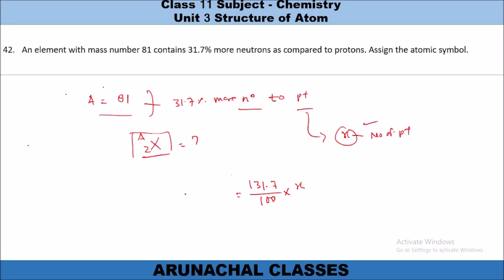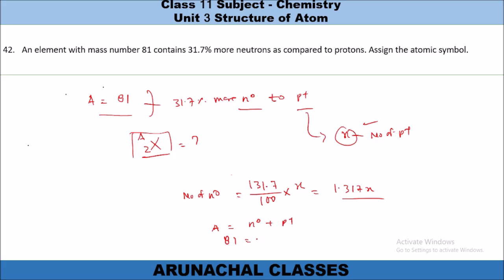So the number of neutrons will be 131.7 divided by 100 multiplied by x, that is 1.317x. Now the mass number is the number of neutrons plus the number of protons, and the mass number is given as 81.